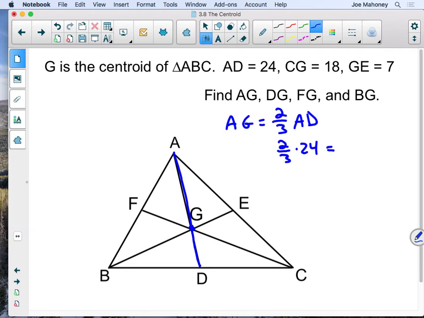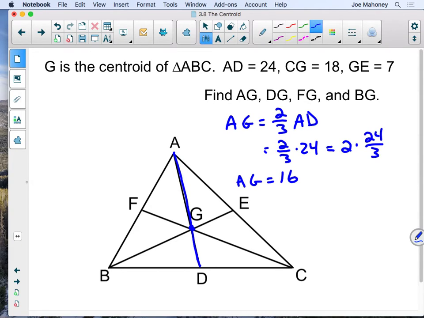Watch what I'm going to do here. That's the same as doing 2 times 24 over 3. Because I don't know what 2 divided by 3 is, and then multiplying that by 24, that's crazy. But I know 24 divided by 3 is 8. And multiplying it by 2 is 16. So I know that AG is 16.